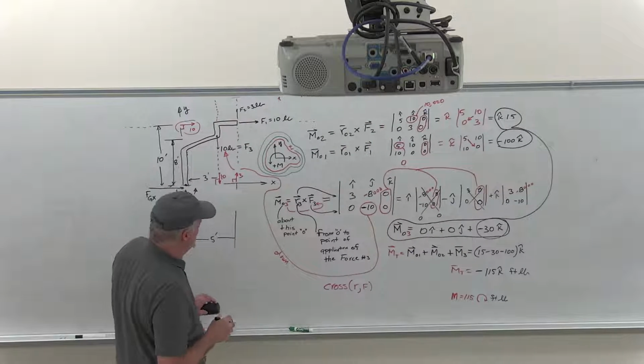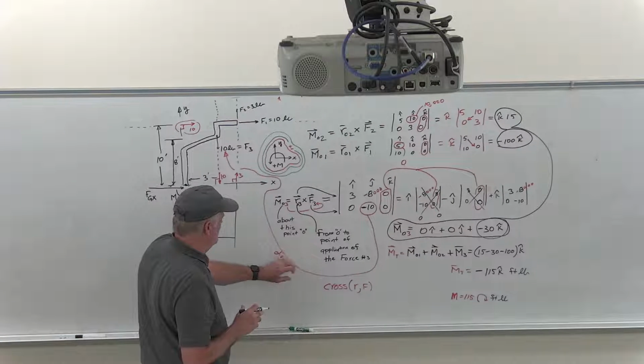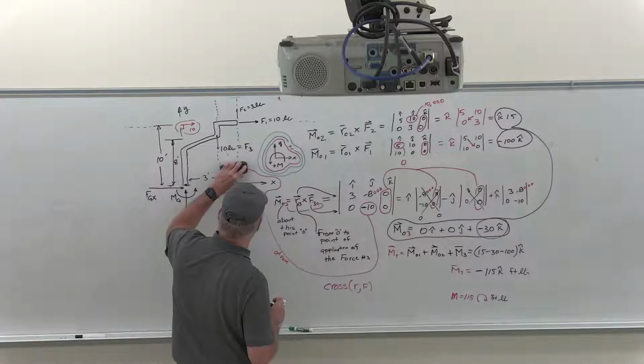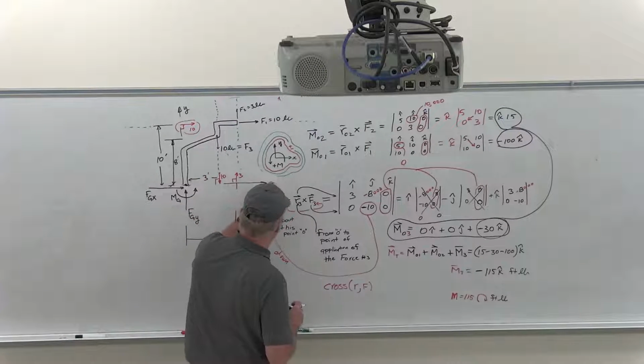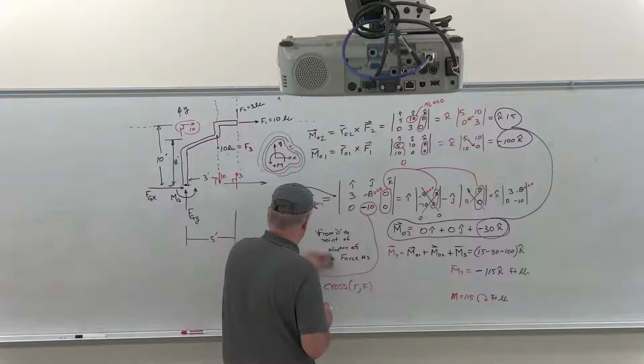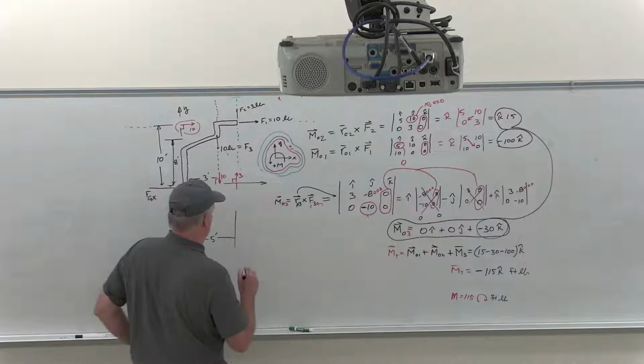And the question is how? Okay, so first I've done all the math. Maybe I could get back some of the real estate here by getting rid of some of this and using this little area right here, because I don't need to do too much.